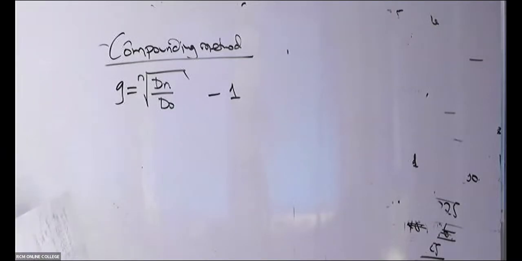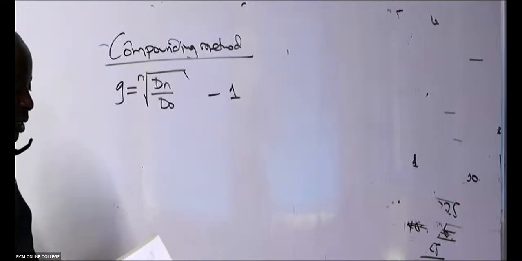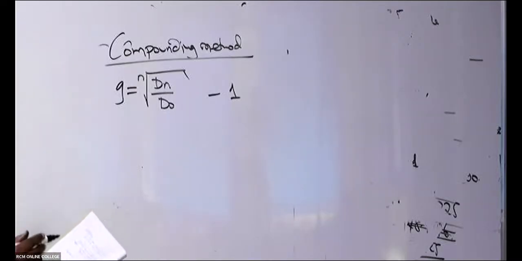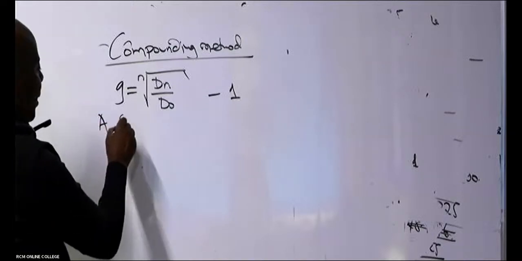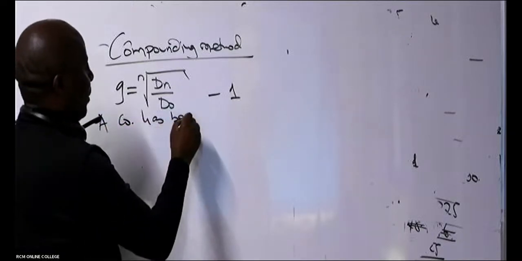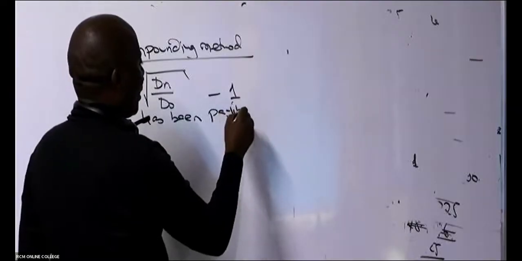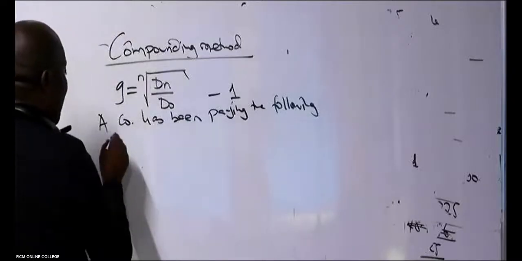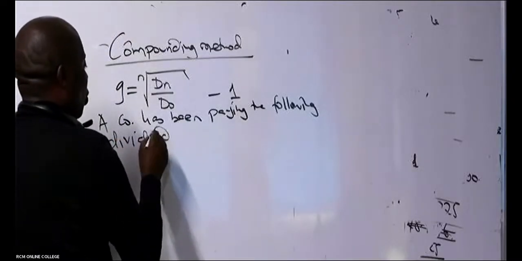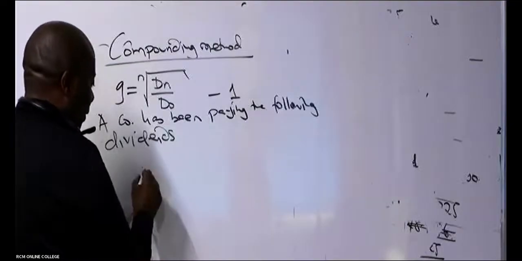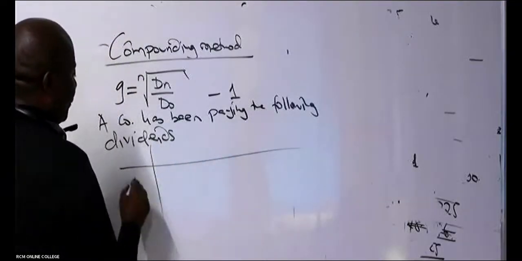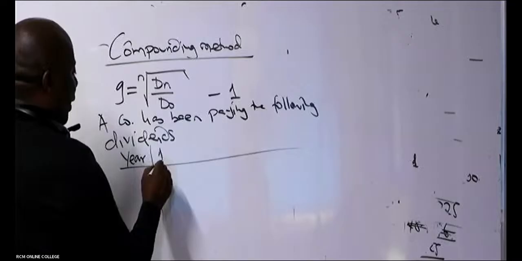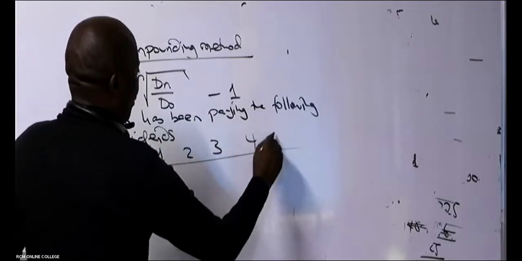Then I will give you an illustration. A company has been paying the following dividends. So we have 1, 2, 3, 4, 5.